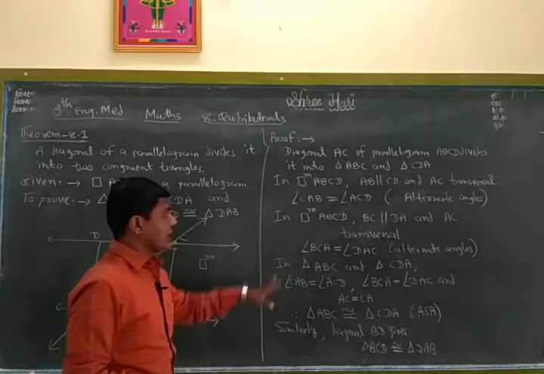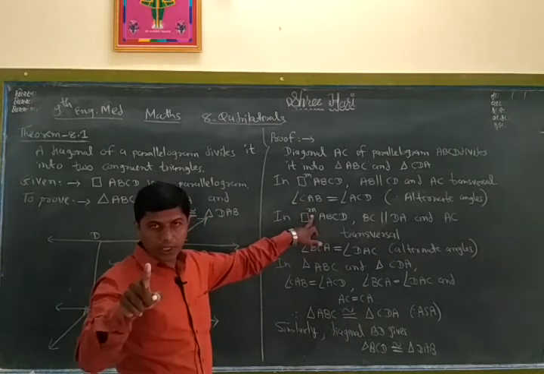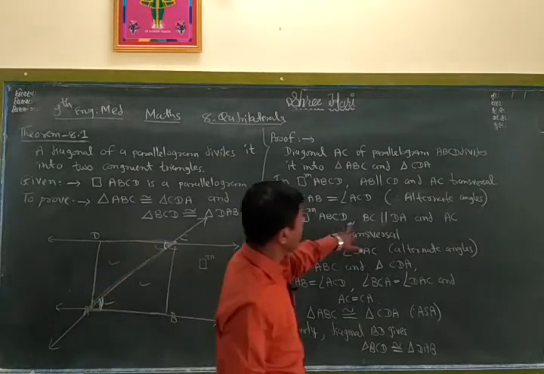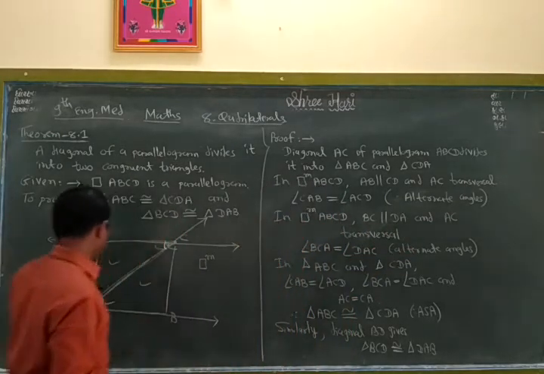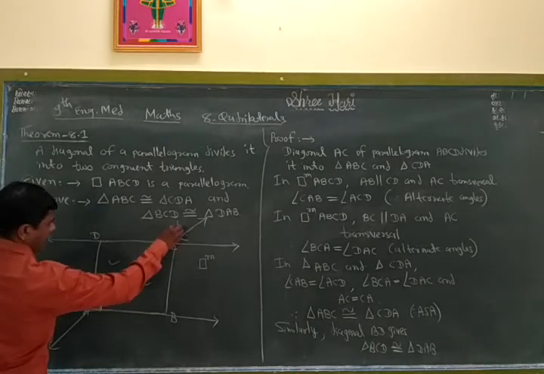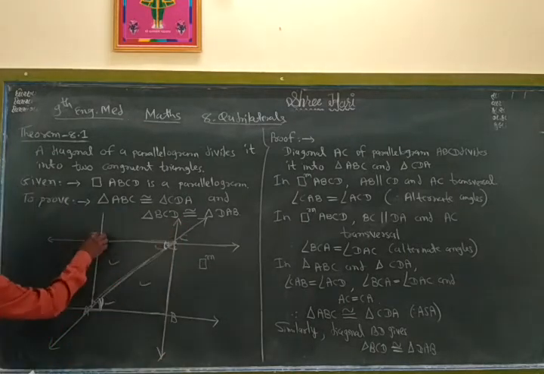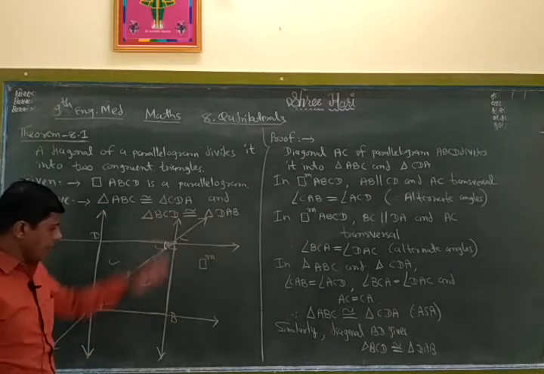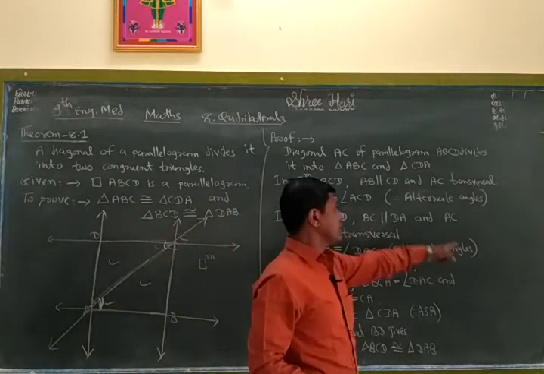Now in the parallelogram ABCD, BC is parallel to DA, and AC is the transversal.